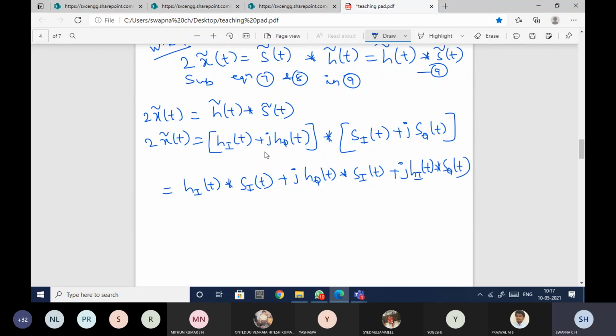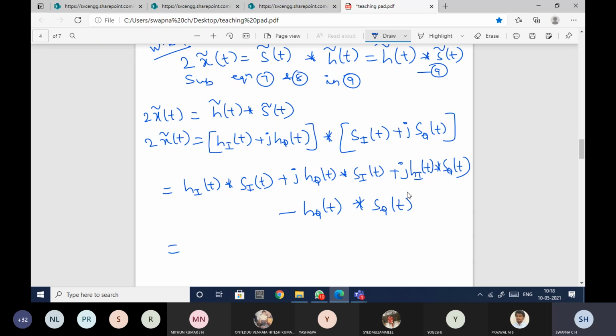Then j times j, where j squared is minus 1, gives minus hq of t convolution with sq of t.